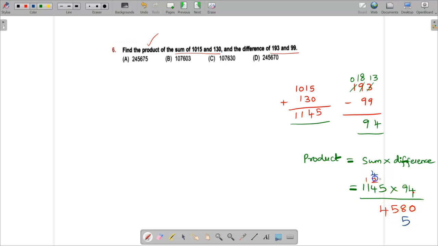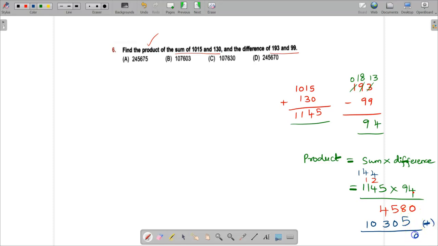Balance is 4. 9 4s are 36, 36 plus 4 is 40, so 0 here and 4 is balance. 9 1s are 9, 9 plus 4 is 13, and balance is 1. 9 1s are 9, 9 plus 1 is 10. Now just add these two numbers.